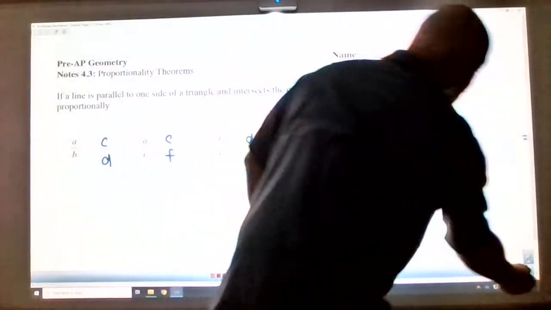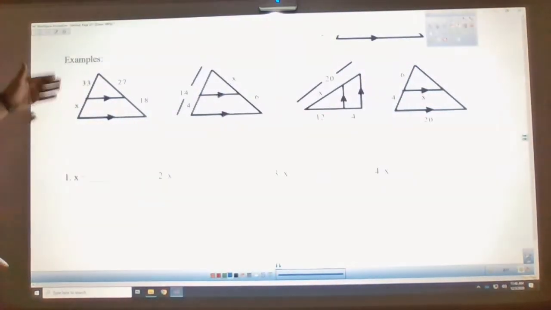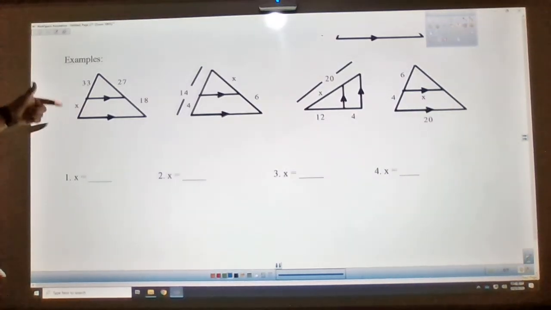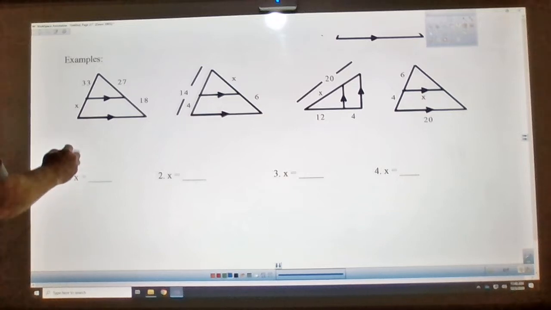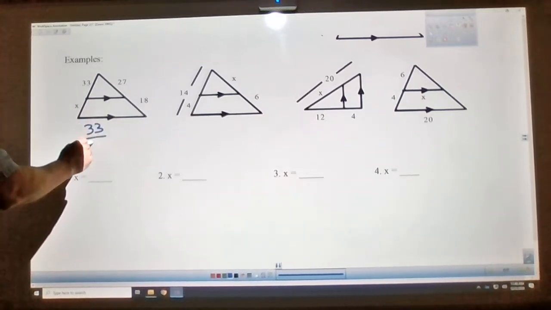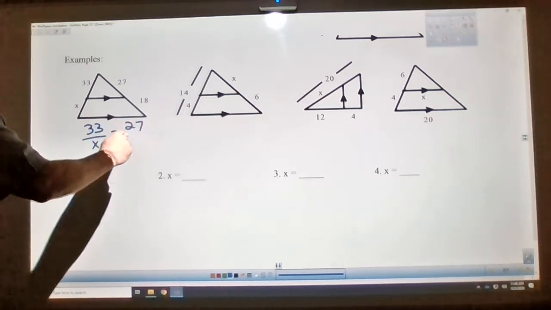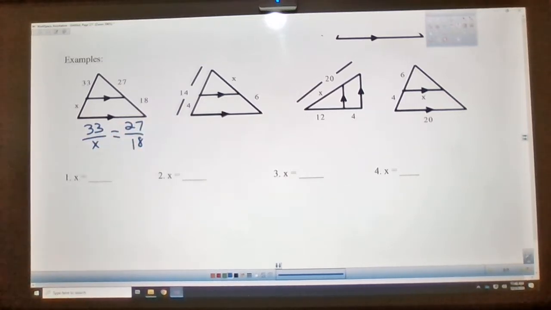So, let's put that to work. In this case, this makes this easier. We don't have to do 33 plus X anymore. Now we can do 33 is to X as 27 is to 18.